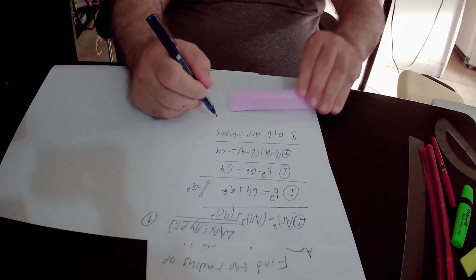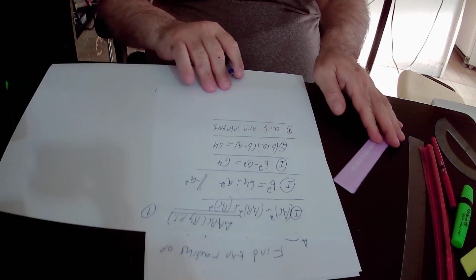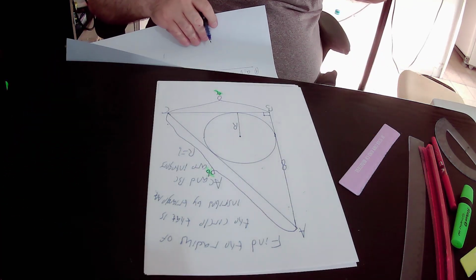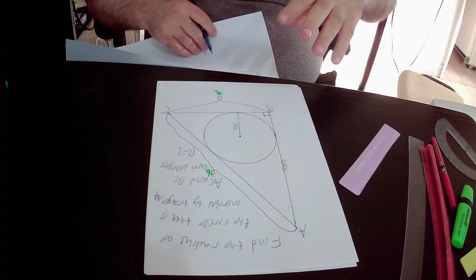And we also know that A and B are the lengths of the sides of the right triangle ABC.